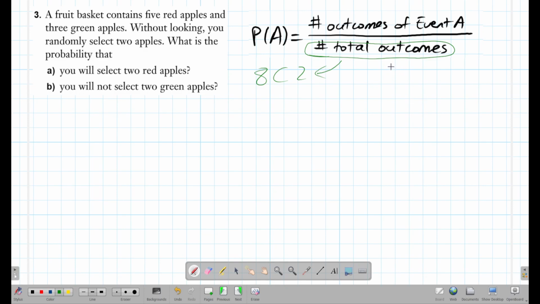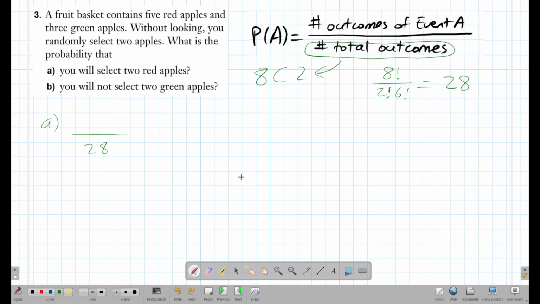And this is going to equal 8 factorial over 2 factorial times 6 factorial. And this will simplify to 8 times 7 divided by 2, so 28. So 28 is going to be our denominator. And then now we have to think of how many ways there are of selecting 2 red apples, and then how many ways there are of not selecting 2 green apples.